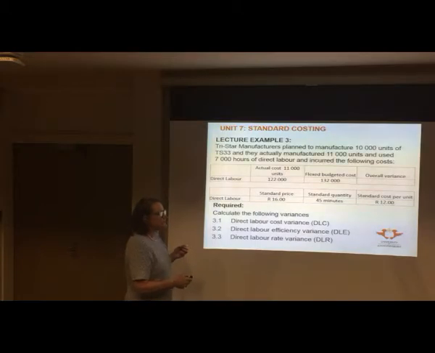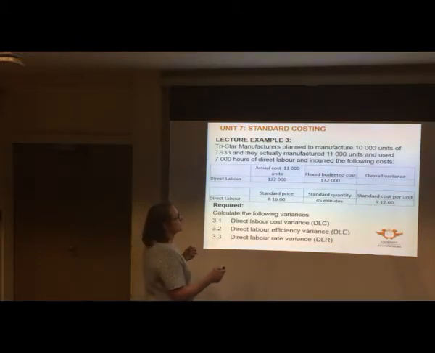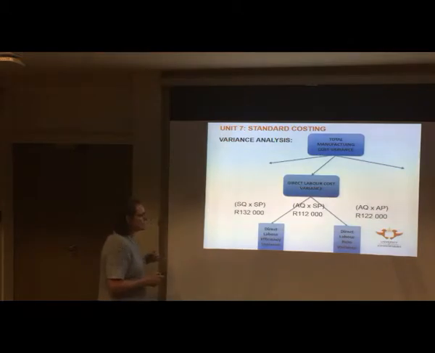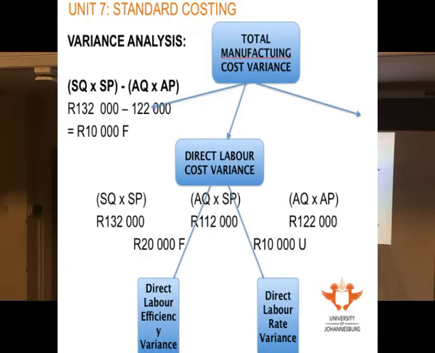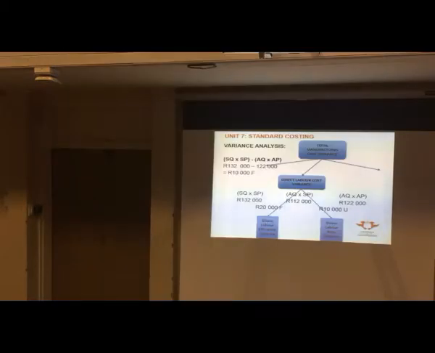So 45 minutes is 0.75 of an hour. Are you with me? Three quarters of an hour is 45 minutes. So it's 11,000 units times the standard quantity of 0.75 times the standard price of 16 Rand, which should give you 132,000. We're going to go through those. We're going to do it like this. So if you take your direct labor cost variance, it's the difference between that and that. It must be 10,000 favorable.